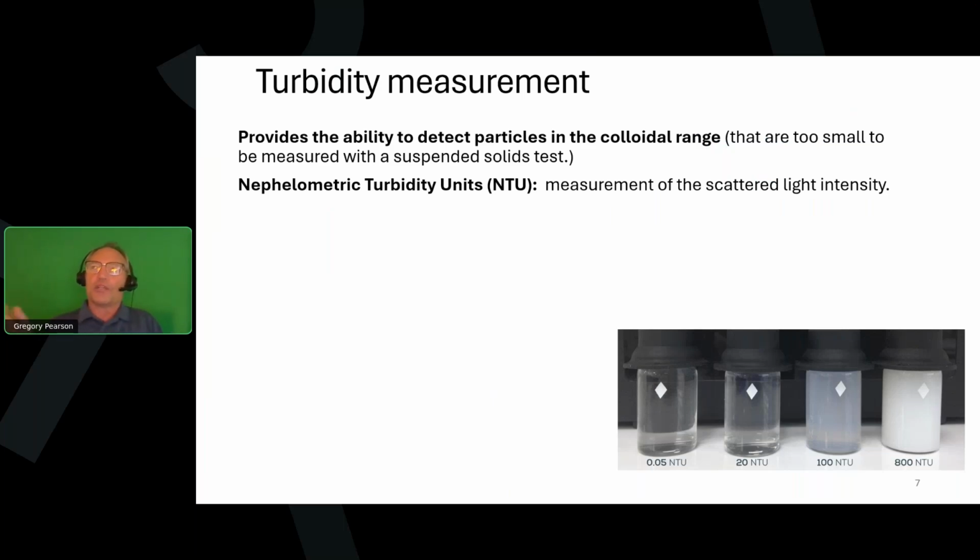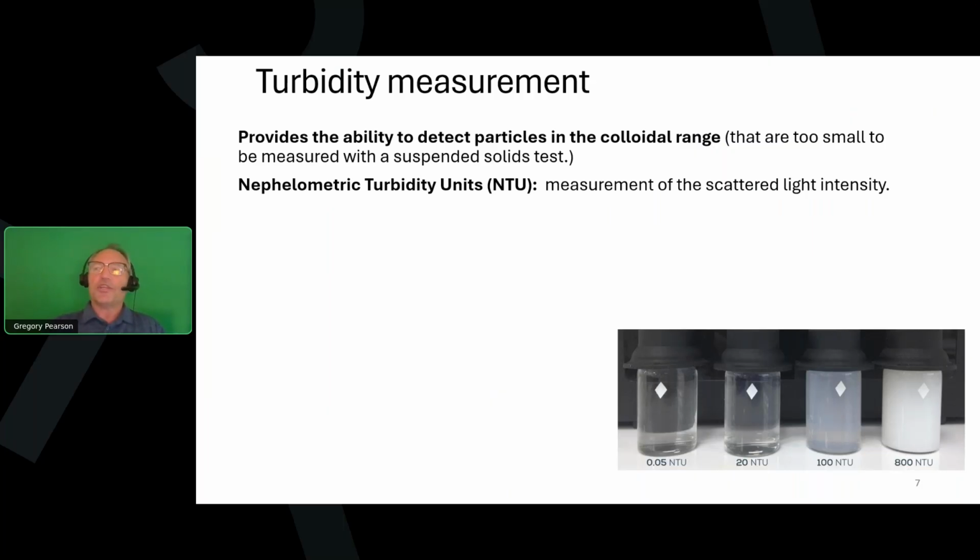Now, we just mentioned that we can't measure those very small particles with the typical total suspended solids test because they can't be filtered. But turbidity measurement allows a method to be able to detect the presence of those very small particles. The turbidity is a method of measuring the intensity of light that's scattered from a sample of water.